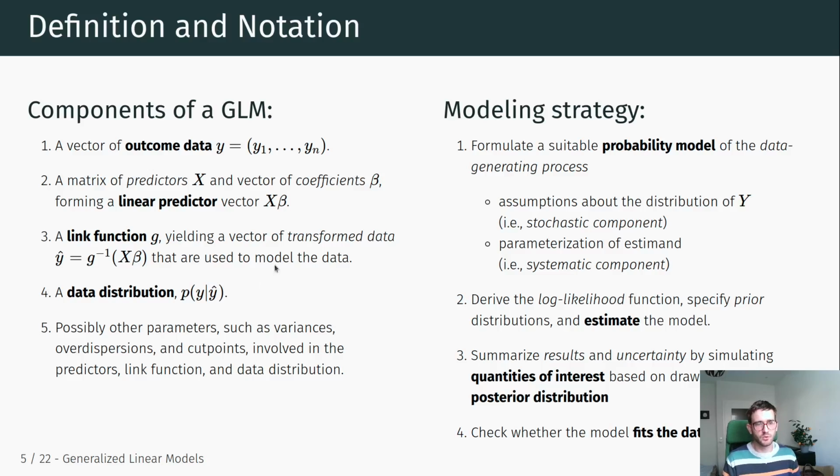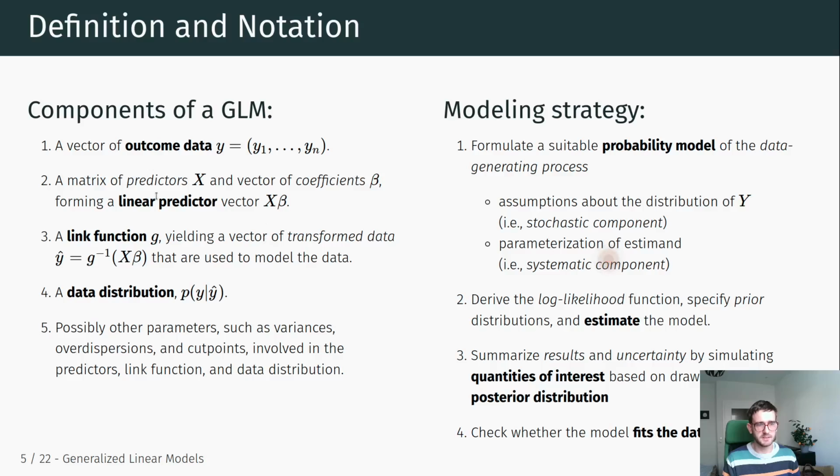In order to do that, we need to make assumptions about the distribution of y. That's what we referred to as the stochastic component in the past. So this is all assumptions about the underlying data distribution. And we need some parameterization of the estimate, the systematic component.